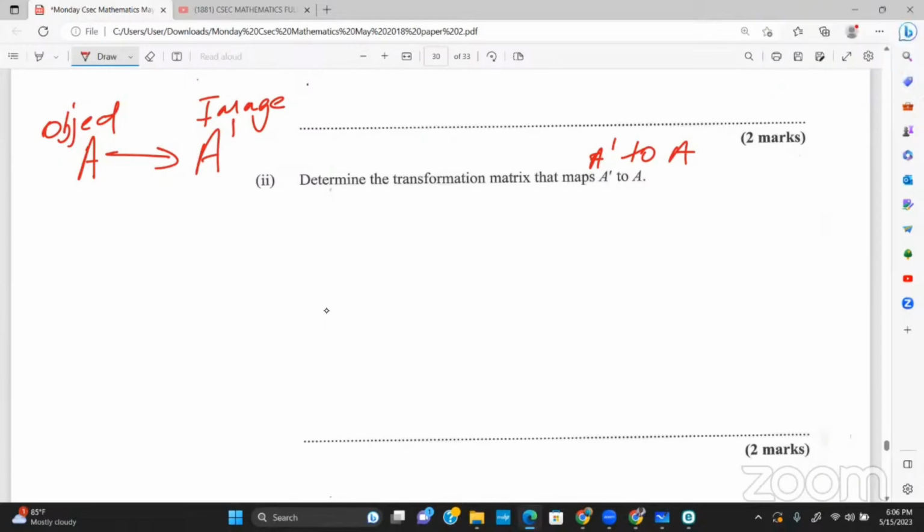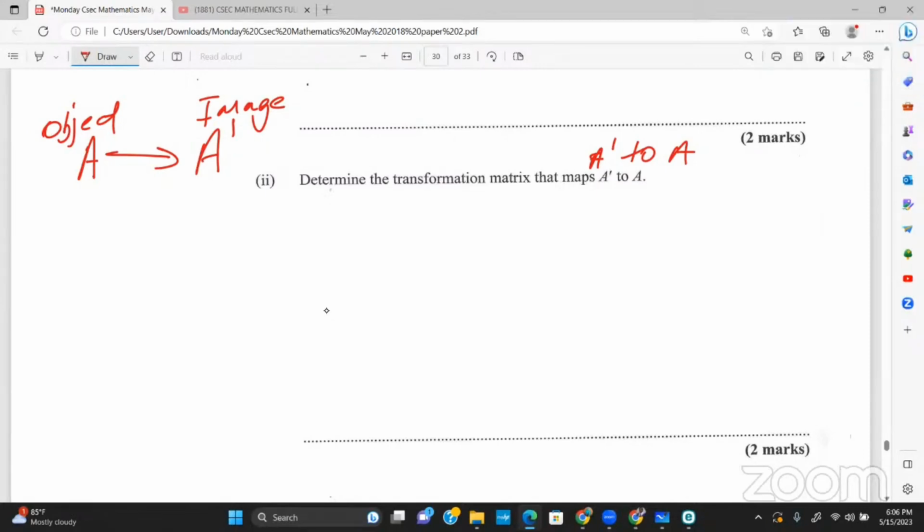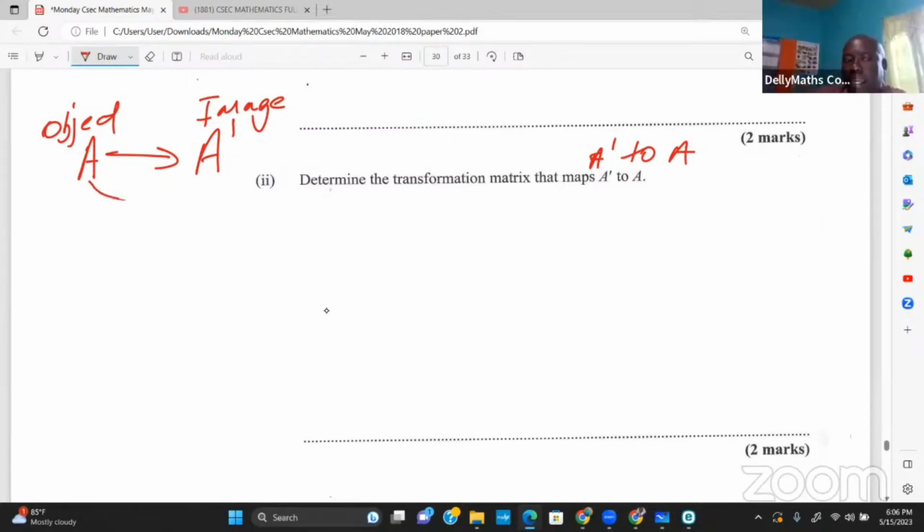What do you think? Identity matrix. You're thinking, but what you need to do is the inverse. It's just the inverse. Because if the matrix moves me from A to A prime, and I want to move from A prime back to A, I'm going to do the reverse.